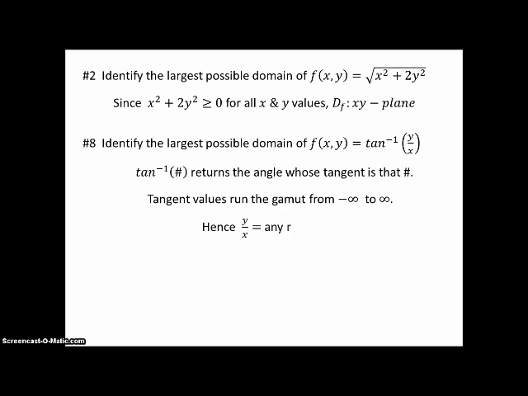The only issue is that y over x has to be a real number, and therefore x can't equal 0. Now, when x equals 0, what have you got on the xy plane? Because remember, these domains are always a subset of the xy plane. x equals 0 is the y-axis. So the domain is the xy plane minus the y-axis.